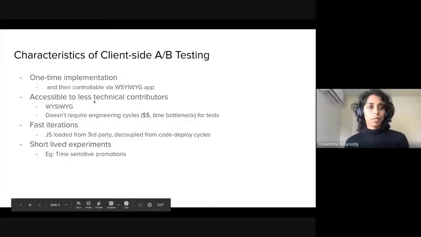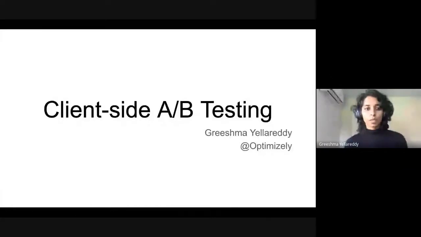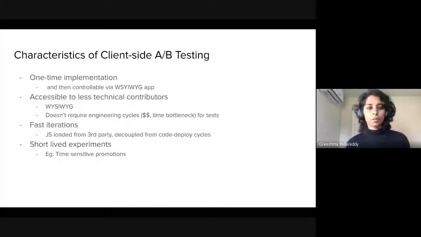So hi, my name is Grishma. I'm from Optimizely. So I'm here to present about how Optimizely does client-side A/B testing. I'll skim over the first few slides because both Tim and Melissa have covered it exhaustively. Some of the advantages are that it's easy to implement, easy for non-engineers to get into, and allows faster iteration.